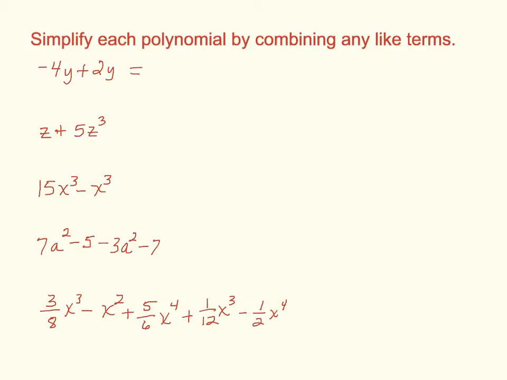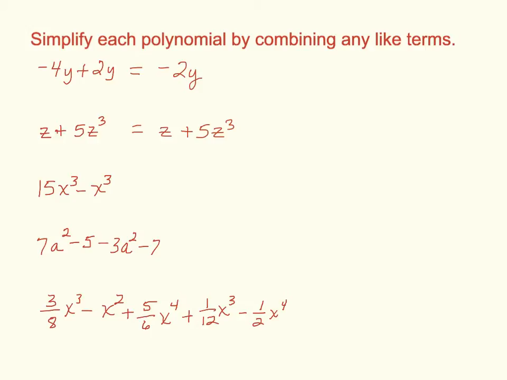Yes, they are like, so we can combine them. We get negative 2y. Z plus 5z cubed. Do they have the same variable raised to the exact same power? No, so we can't simplify this any further. So we have to indicate that by just keeping it the same.